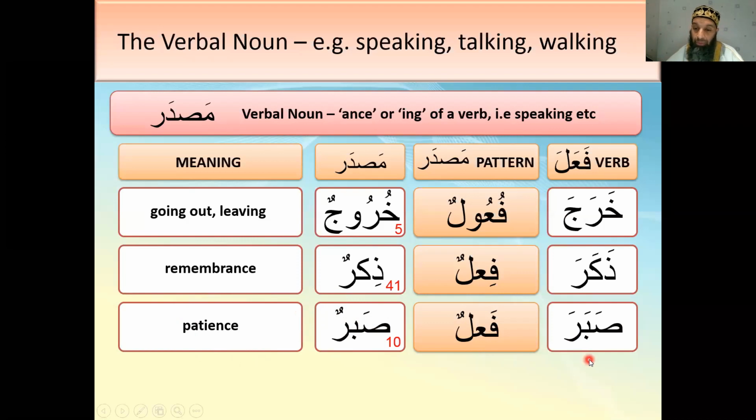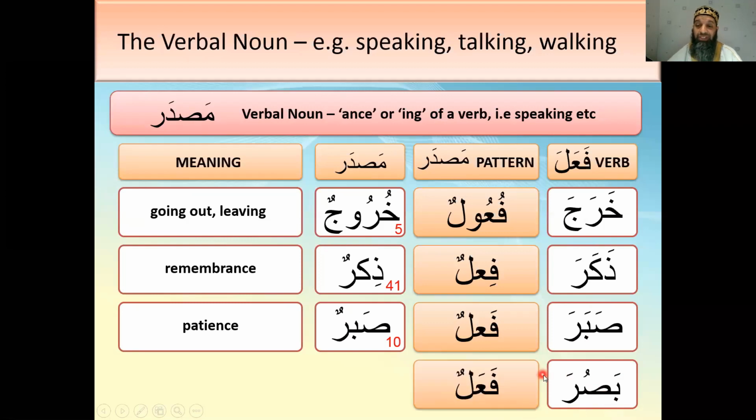Right? Sabrun. And then the other pattern, I presume these are the main patterns of masdars. Basura, to see. Basura fits in the fa'alun pattern. So you've got fu'ulun, fi'lun, fa'lun, fa'alun. So basura goes into fa'alun and it becomes basarun.